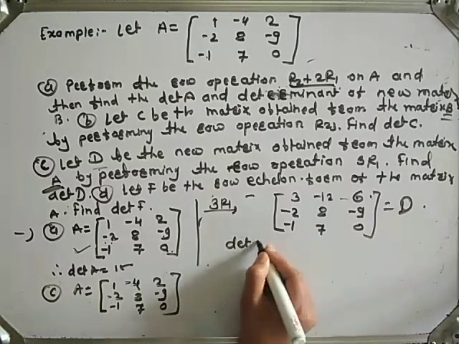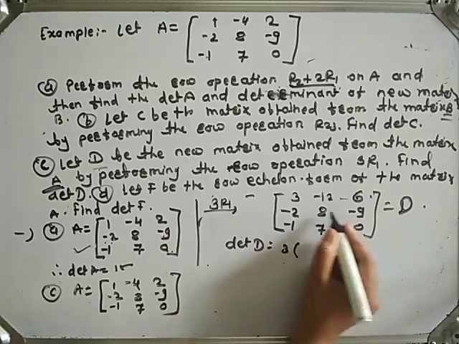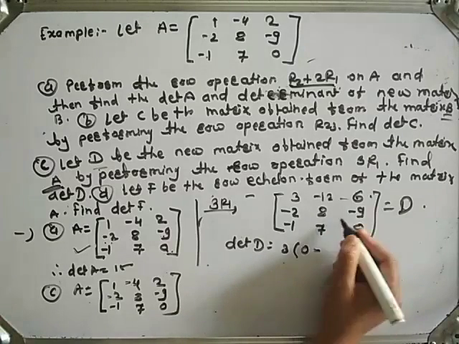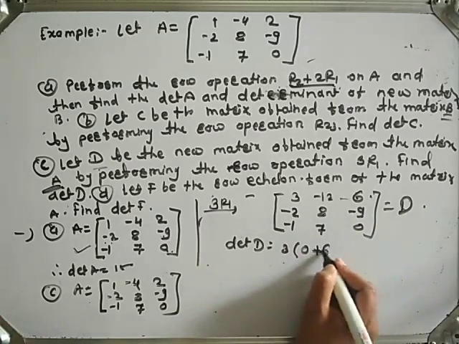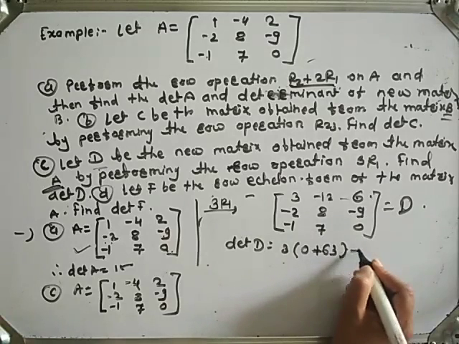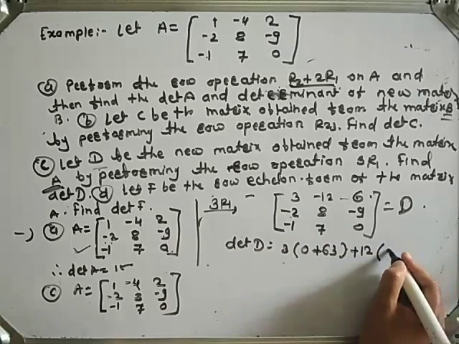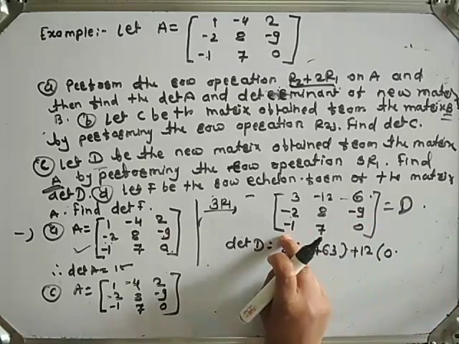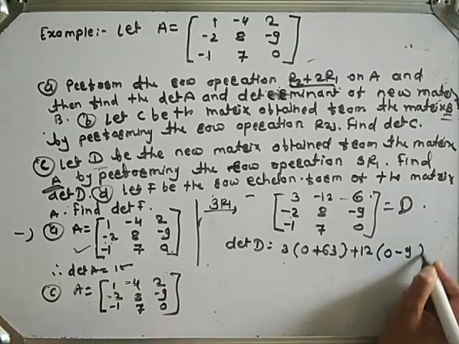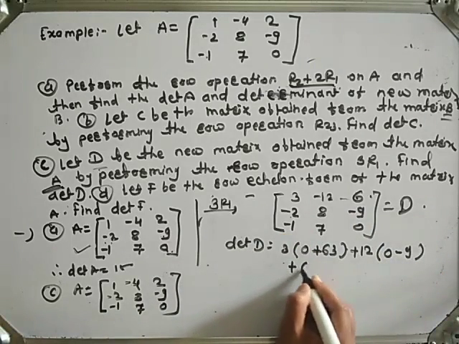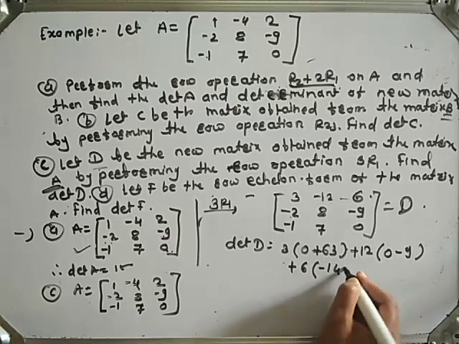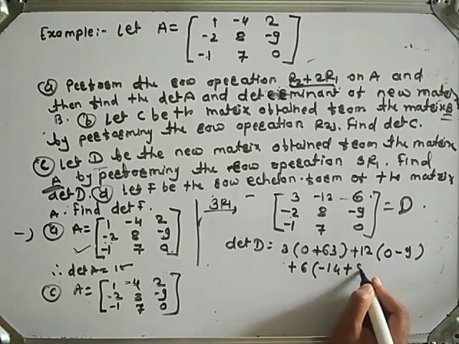Okay, now find the determinant of this matrix. Determinant of D equals 3 into (8 into 0 minus, minus becomes plus, 63), minus, minus becomes plus, 12 into (-2 into 0 minus 9 into -1, which is plus 9, this is minus 9), plus 6 into (-14 minus, minus becomes plus, 8).